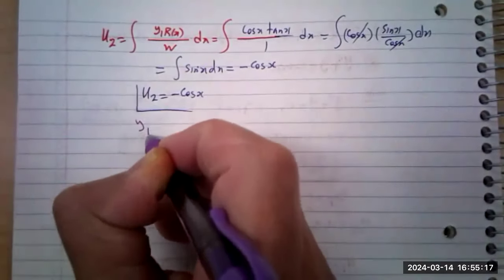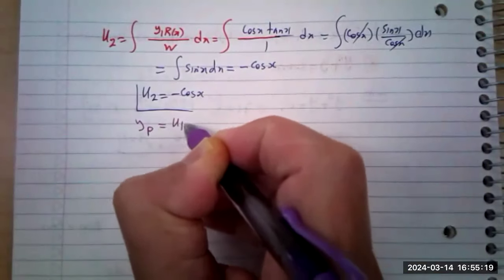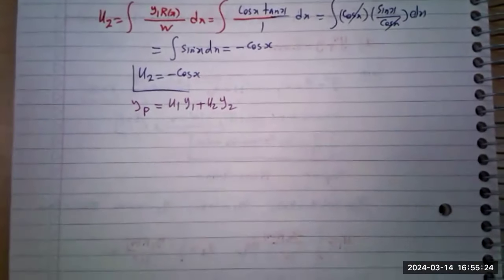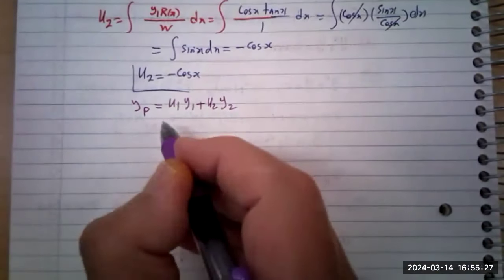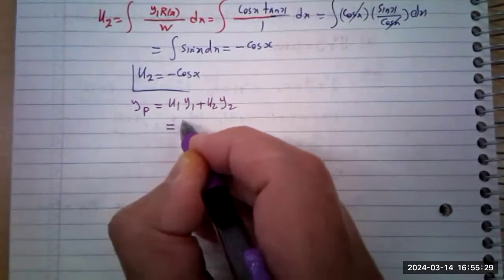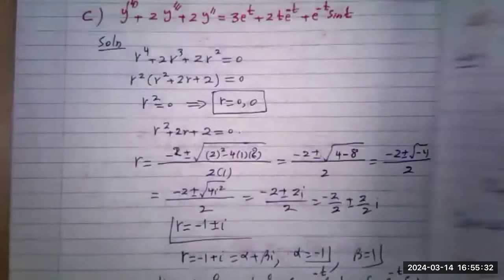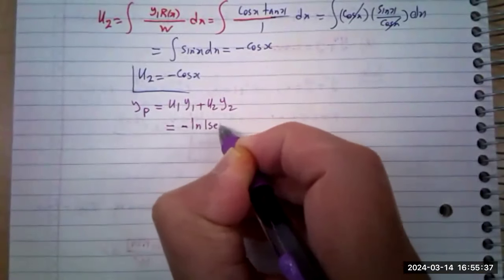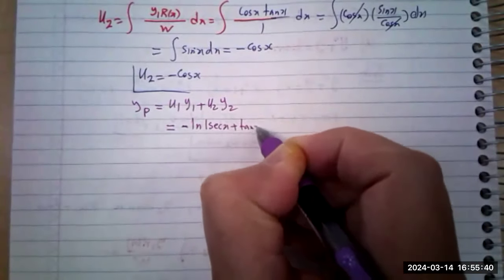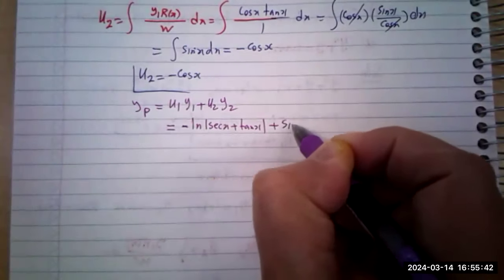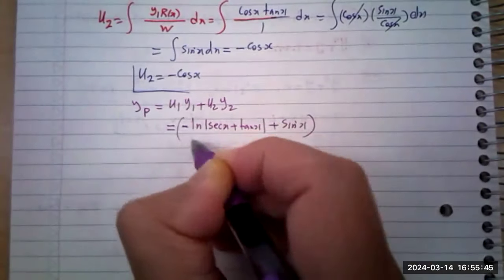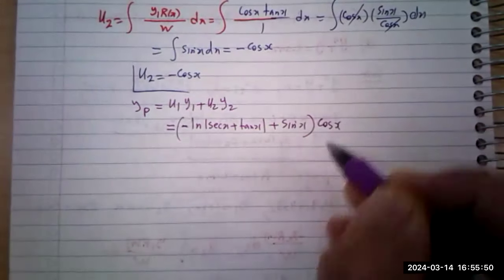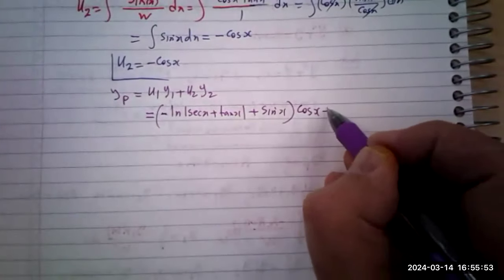Remember, YP is this. Your suggestion was U1 Y1 plus U2 Y2. You have to substitute and simplify to give us the YP. So it's going to be equal to U1. What is U1? It's negative ln of the absolute value of secant x plus tan x, plus sine x. This is your U1, multiplied by your Y1, which is cosine x, plus your U2.